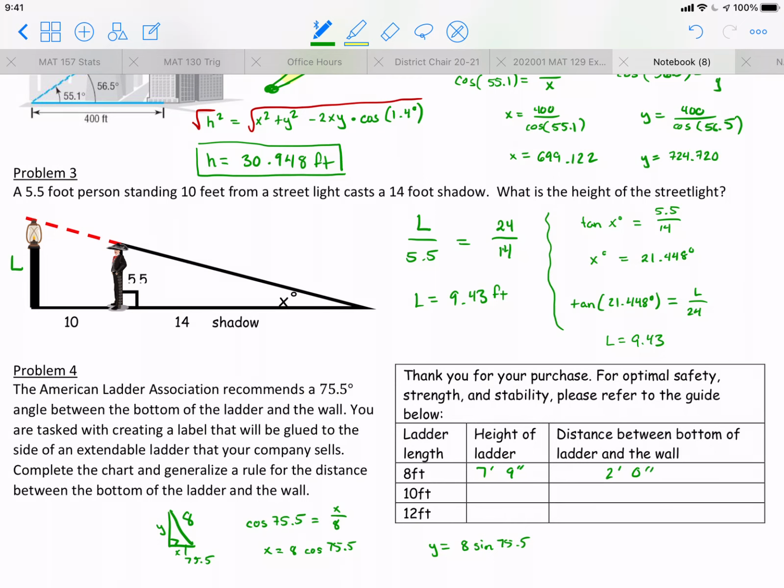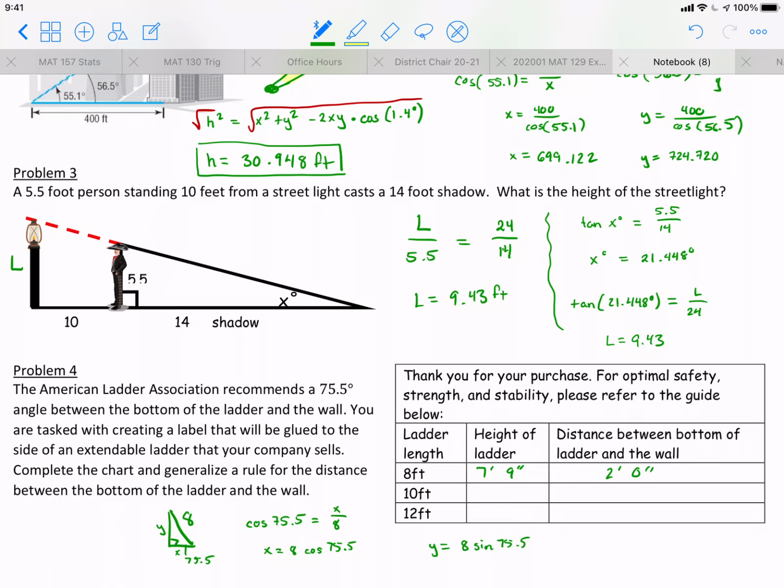Two feet 0 inches. Now, if you haven't already picked up on the pattern, when it's 10, it's going to be 10 cosine 75.5, 10 sine of 75.5, right? So let's see here. Just going to work these out, and then I'll fill in the table here.